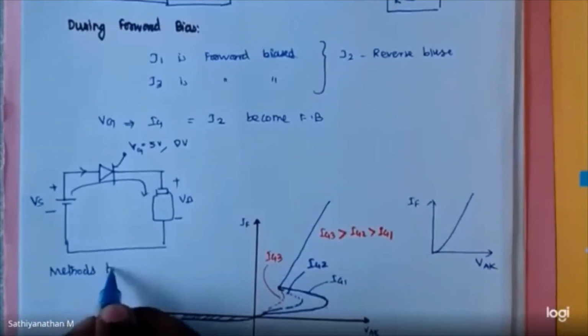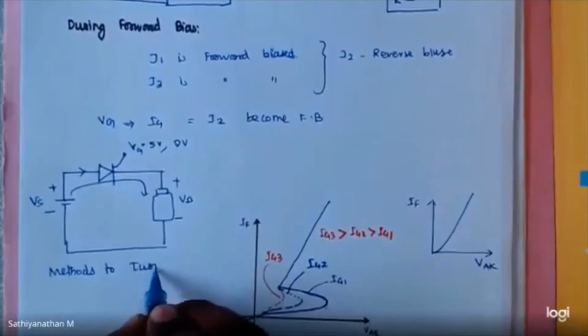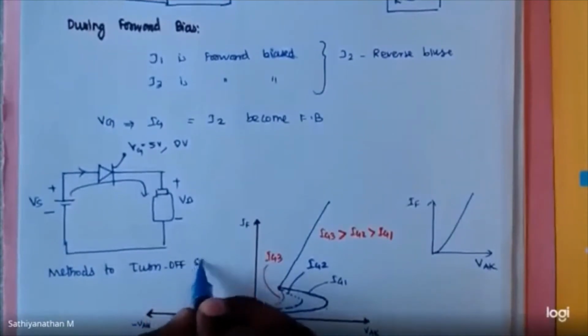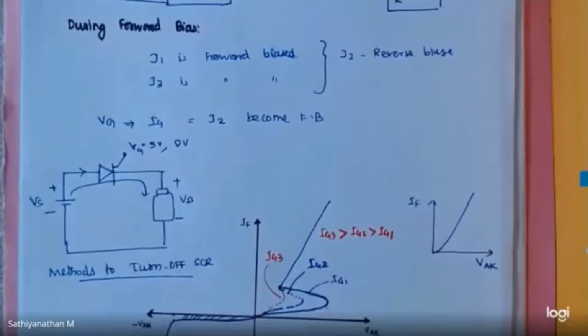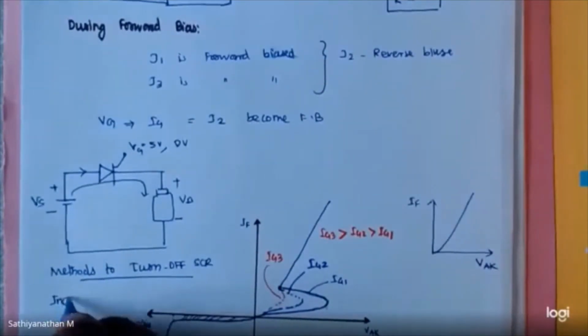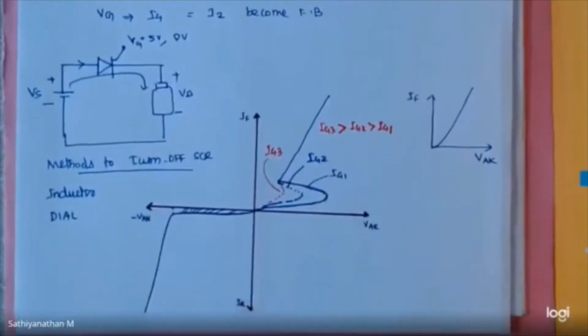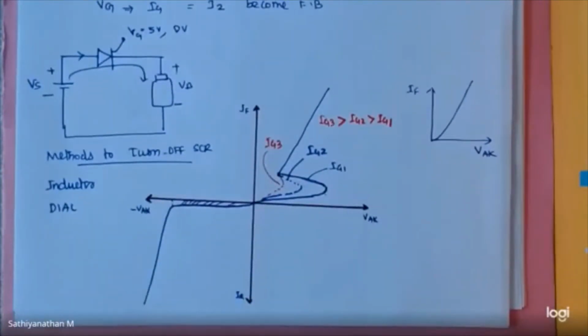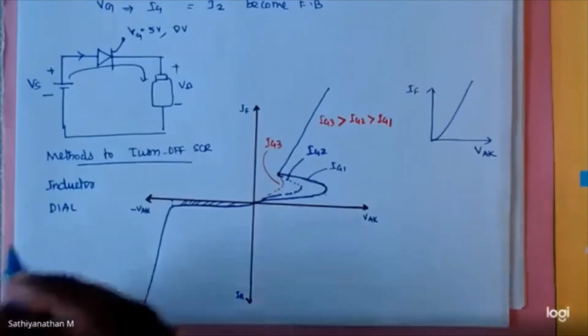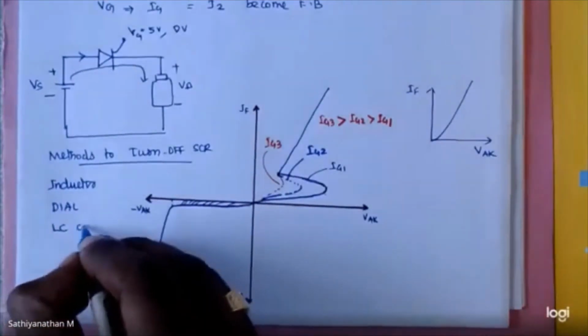The methods to turn off SCR. Somebody said by using an inductor we can turn off. And Bharanidharan said by using a diode. So any other suggestions from your side? By using LC circuit.